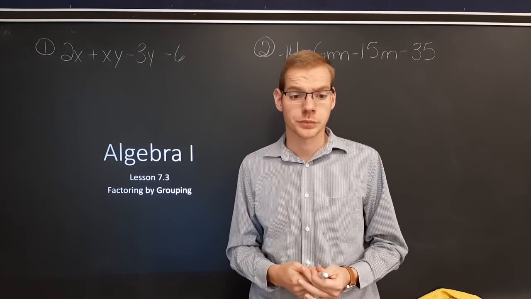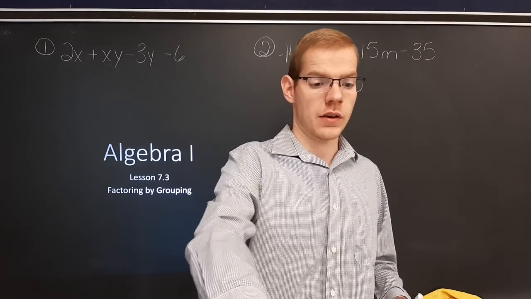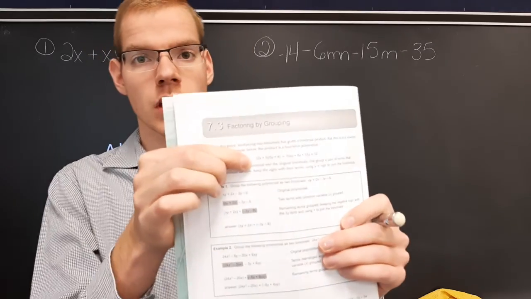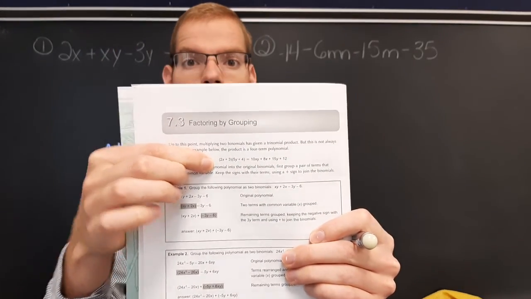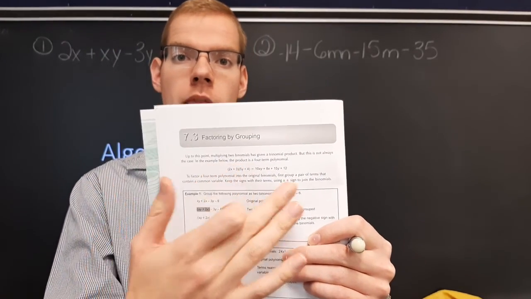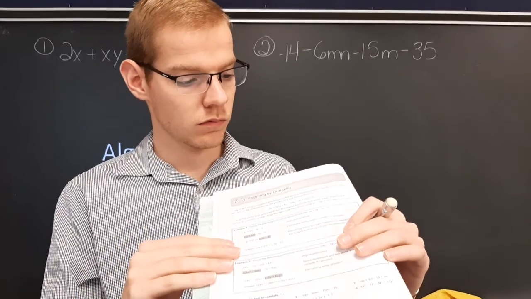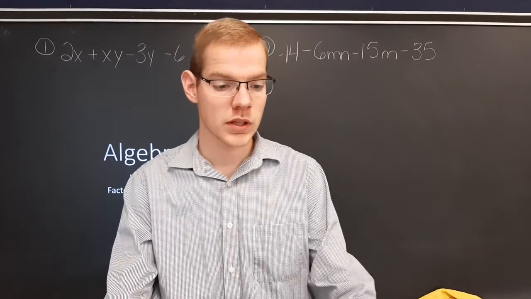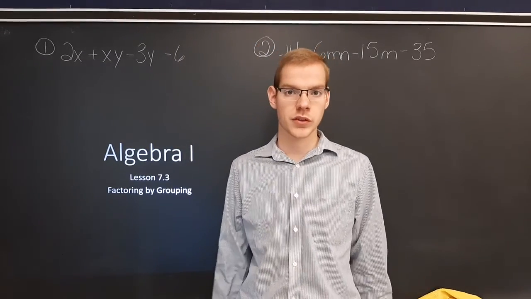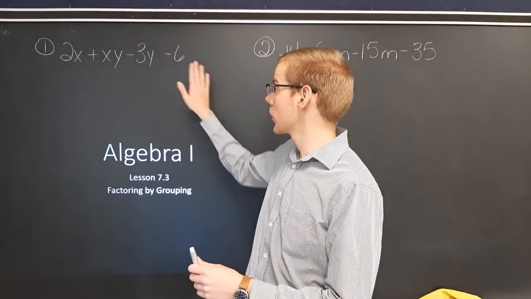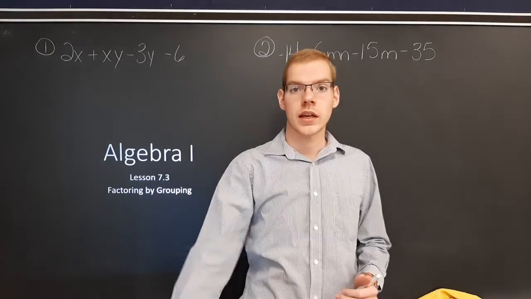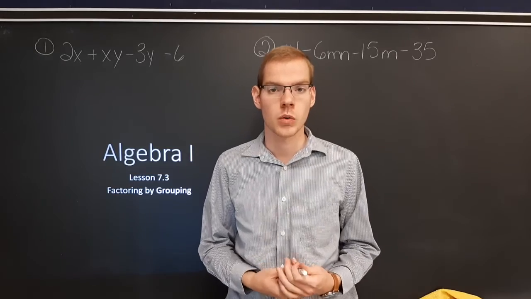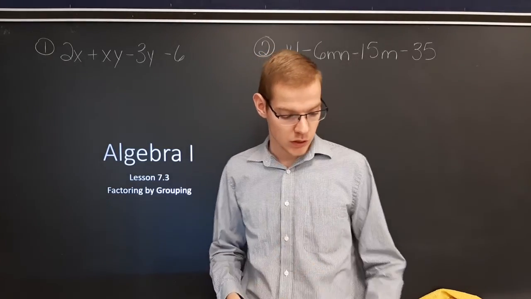Now, as in that first example up at the top of the page, those two binomials end up giving a polynomial that has 4 terms. How do we factor one that has 4 terms into a set of two binomials where we can do FOIL?